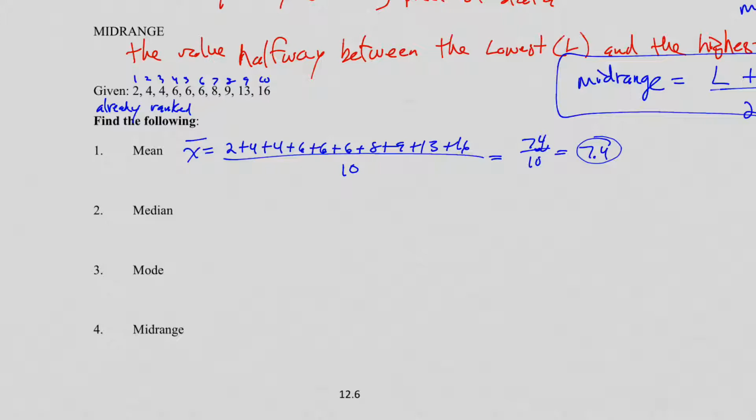It's representative because it's towards the center. This is called the mean. Now the median, we're going to go ahead and rewrite this.